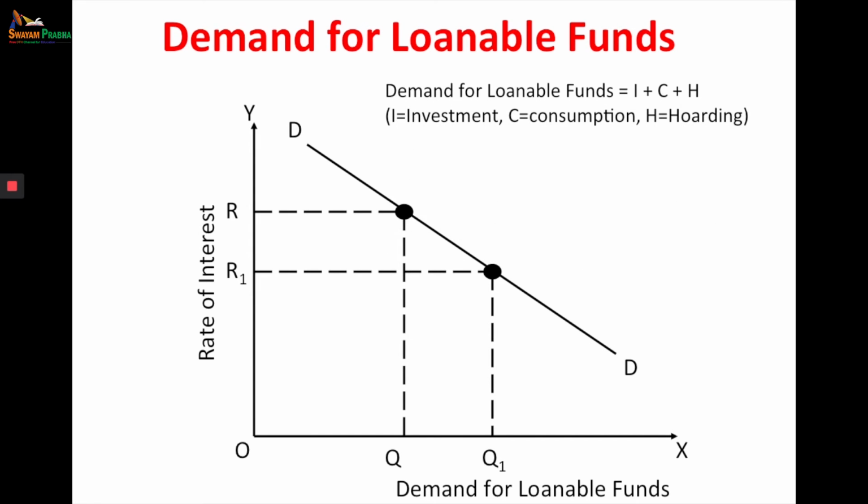The demand for loanable funds is equal to I plus C plus H: investment, plus consumption, plus hoarding. These three things are the reasons for the demand for loanable funds.